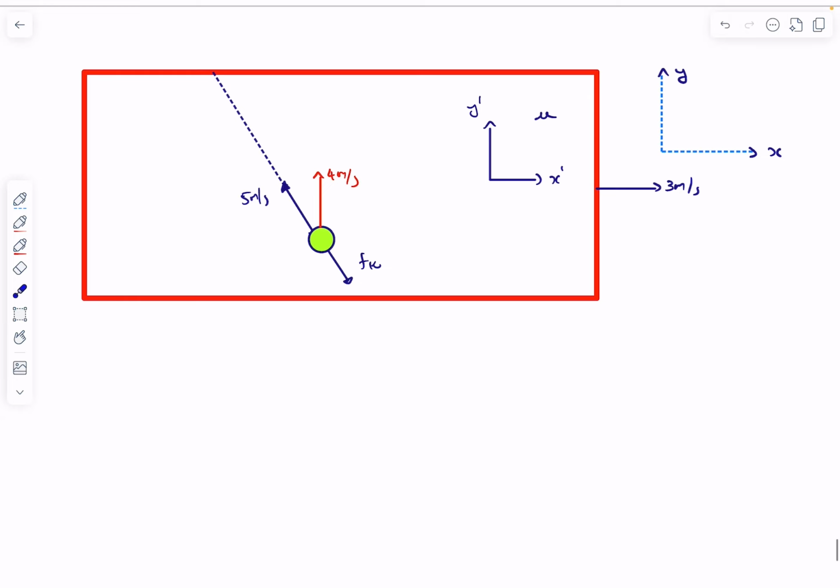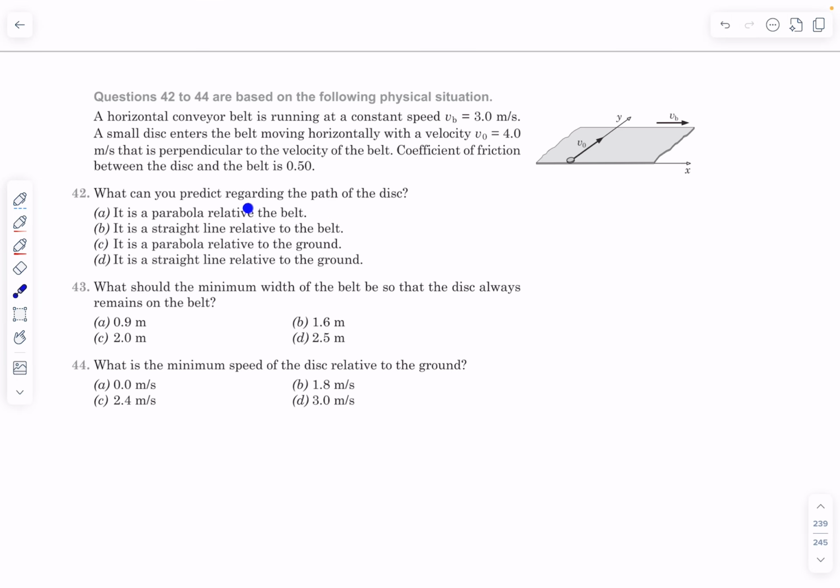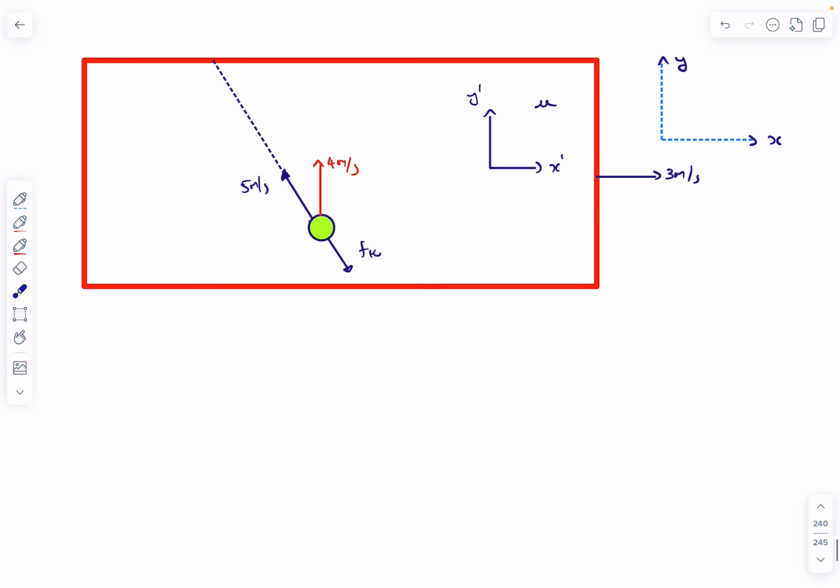Okay, so if we read the first option, they're asking us about the trajectory. Okay, so relative to ground, is it a parabola or a straight line? And the answer to that is, we can see that the velocity vector and the acceleration vector, so the acceleration vector will be Fk by m, which is basically in the direction of Fk itself.